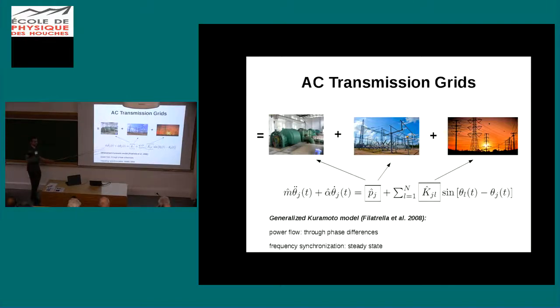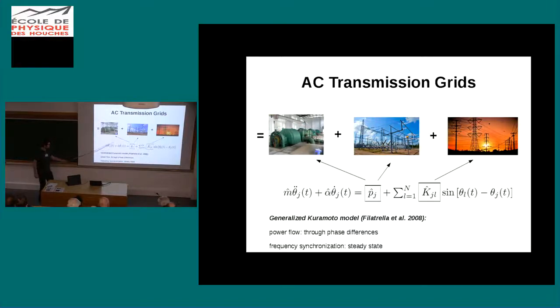Each oscillator is characterized by a phase only, so it's phase oscillators. And in 2008, Filatrella and co-workers put up an equation for the dynamics in such a grid. To simplify, on the left-hand side, you have a term that describes the inertia of the rotating machines. Then also a term that is a damping torque.